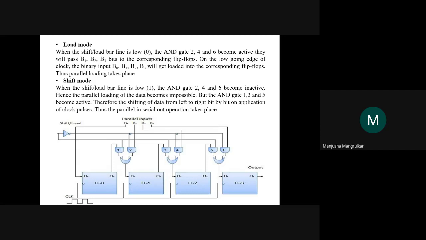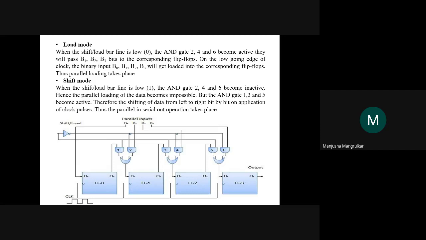Now we'll see that. Suppose this is 0. We have seen that this load shift is 0, it is inverted, so it becomes 1, right? Here suppose B0 is 1, we will take 1. So 0 and 1 in an AND gate means 0.